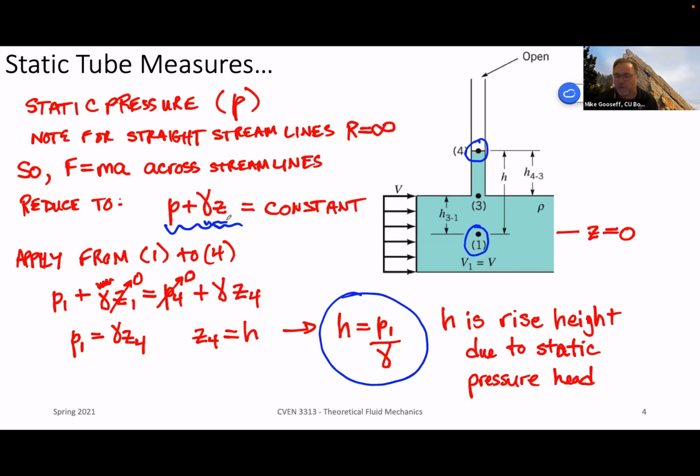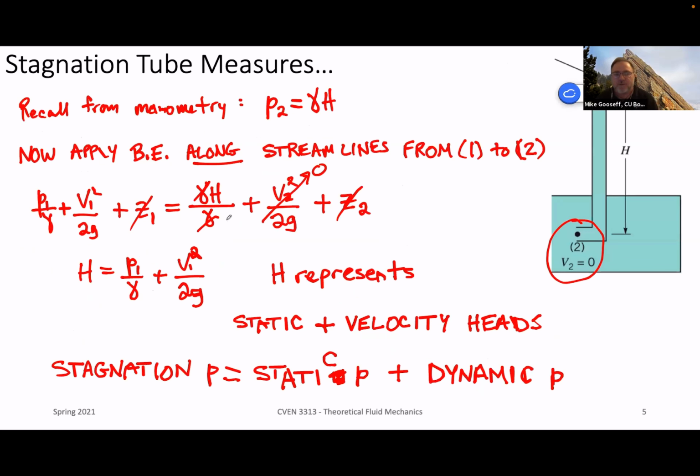All right. When it comes to the stagnation tube, a little bit different. Now the height of rise here, capital H, is equal to two pieces of energy, the pressure head as well as the velocity head. Okay, so actually, sorry, I kind of goofed this up a little bit.